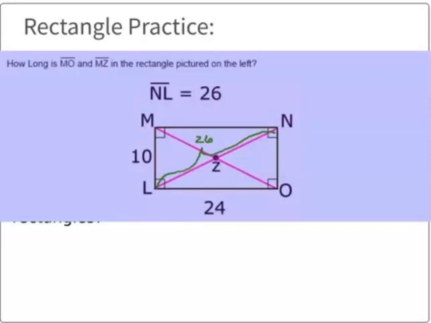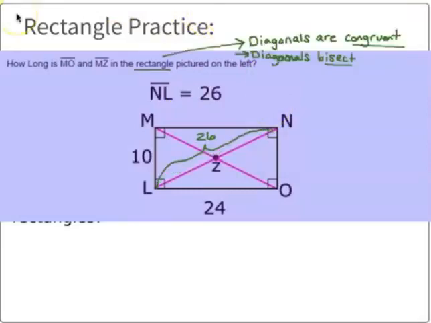In a rectangle, we know that all diagonals are congruent, and we know that the diagonals of rectangles bisect one another. They are going to intersect and cut those into two equal parts.